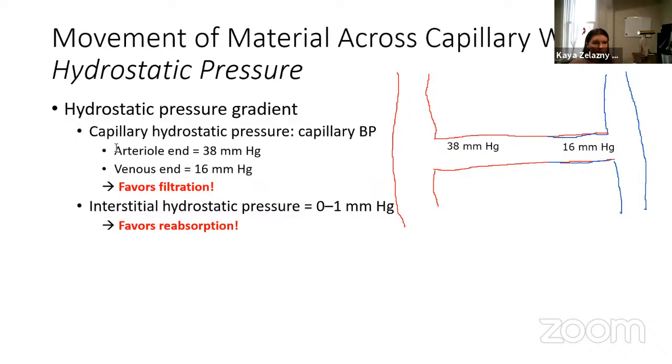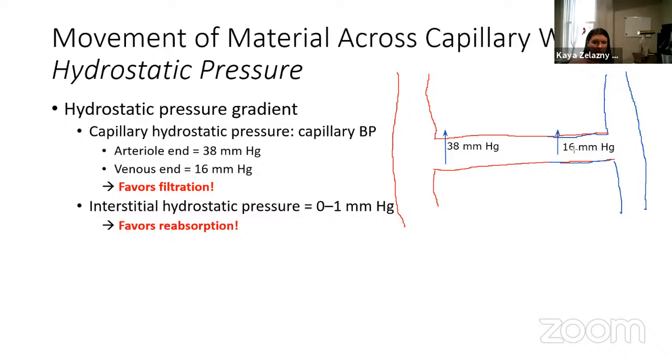Whenever we're thinking about capillary hydrostatic pressure, these are our values for filtration, right? So when we're eventually going to add this into our equation, we're going to have 38 millimeters of mercury as pressure out, so favoring filtration here, versus 16 millimeters of mercury favoring filtration here, right?